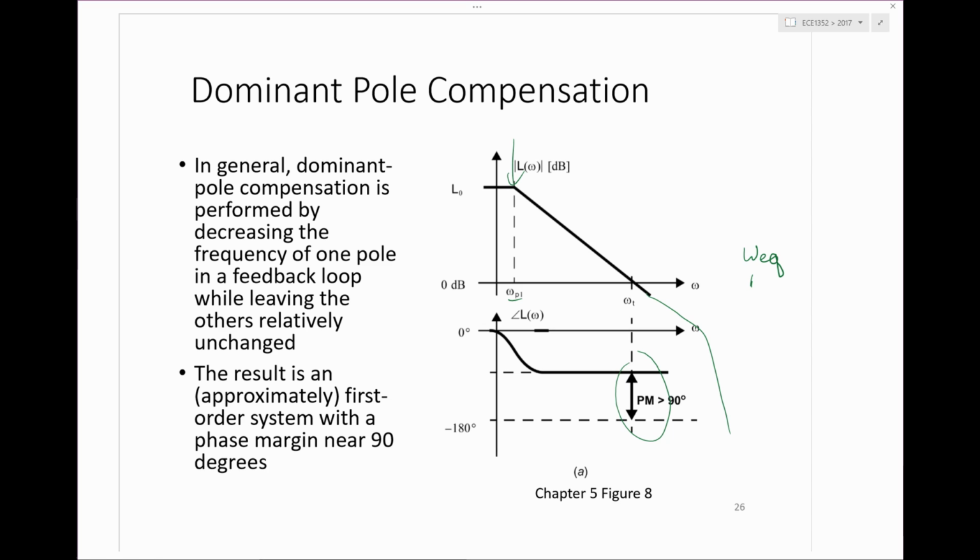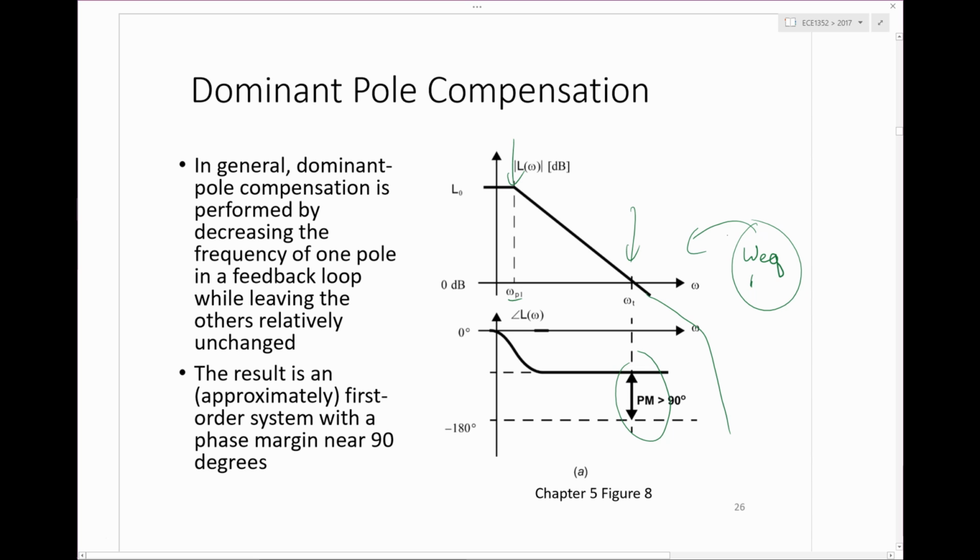There's a lot of cases where you won't want to do that. It's probably not a very efficient way to do things. Even if you only need a very limited bandwidth, probably there's a way to go back and re-optimize the op-amp so that omega EQ is not so high, right? Save some power, do something different there.